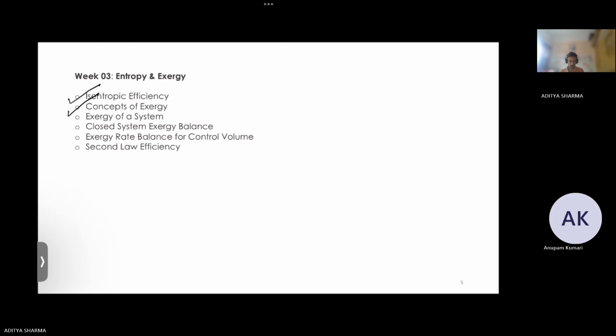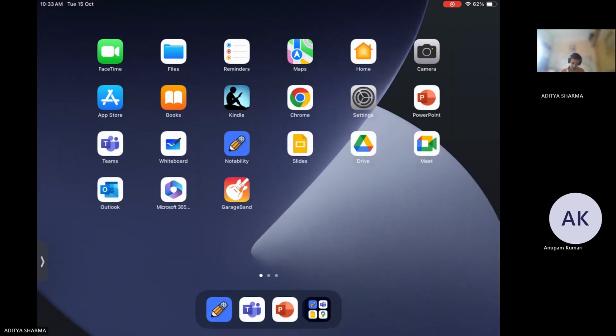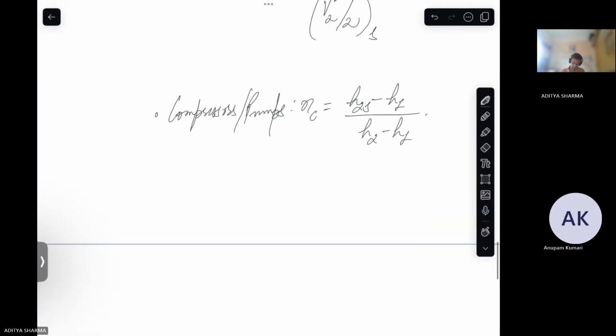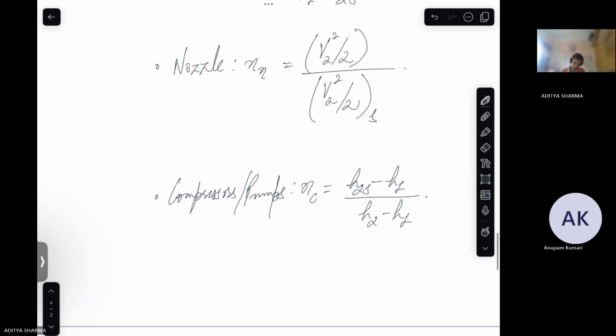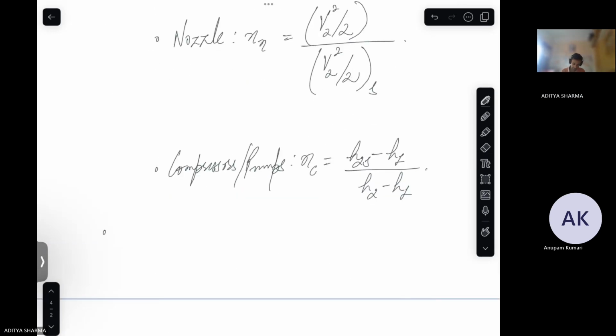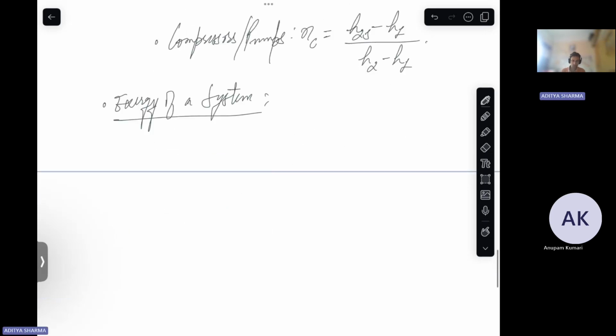Then we mathematically define the exergy of a system. So how do we do this?